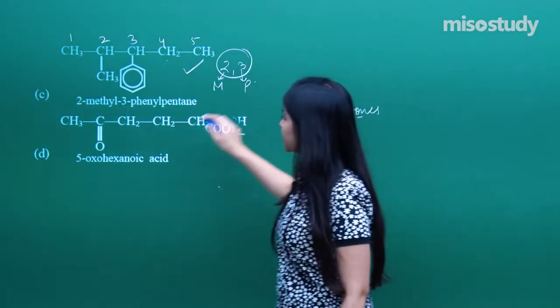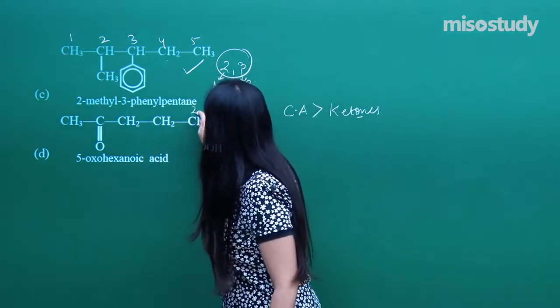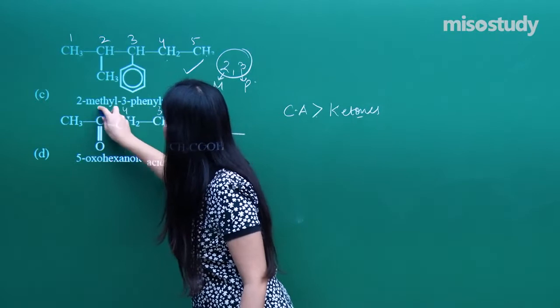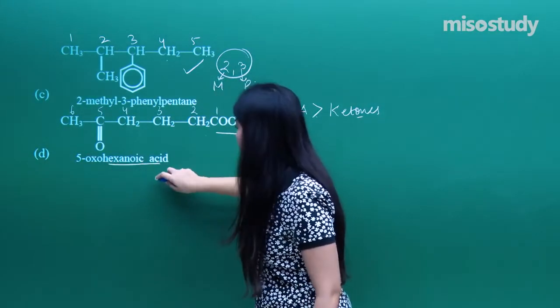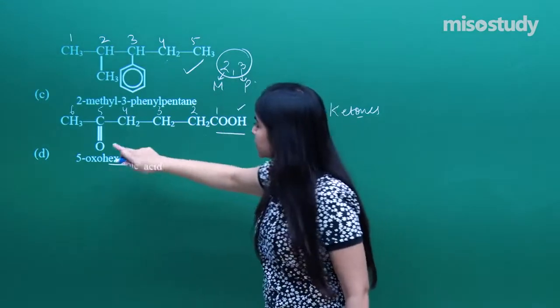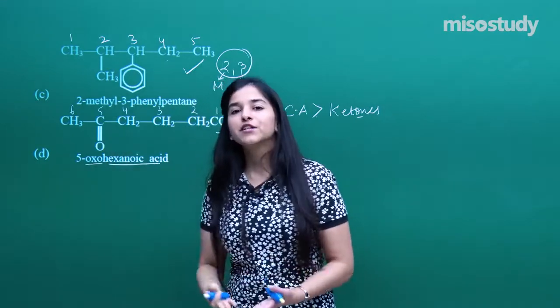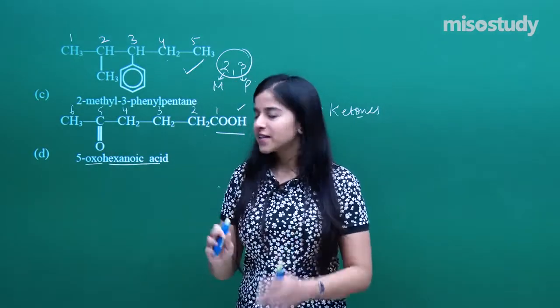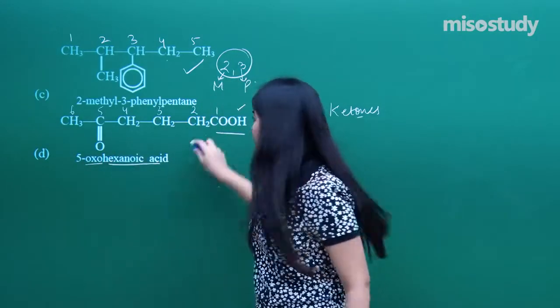Where is the ketone present? Here is the ketone present. That means 1, 2, 3, 4, 5 and 6. 6 means hex, hexanoic acid, I have got it. 5-oxo. That is nothing but the prefix name for the ketonic group. It may be keto, it may be oxo. It's one and the same thing. 5-oxo, so that is absolutely correct again.